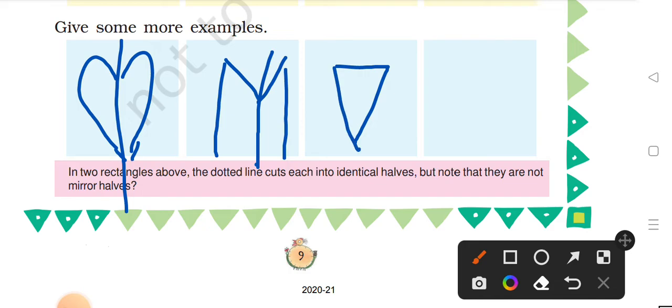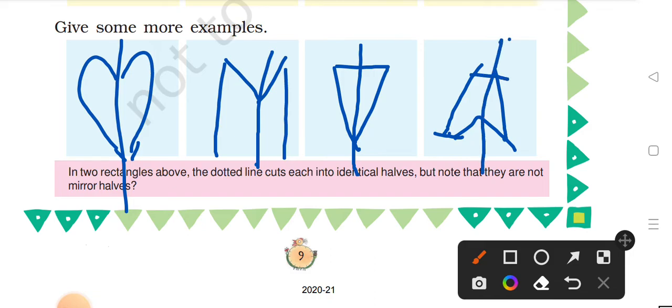Now the triangle. A triangle can divide from the straight line, and another triangle will look like this, and it is divided from this.